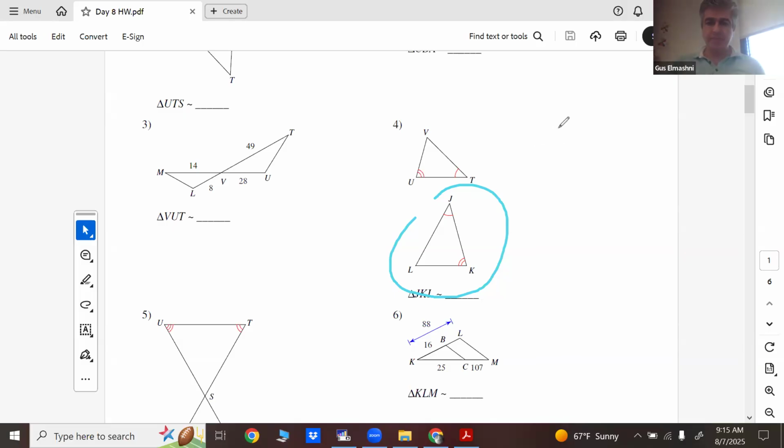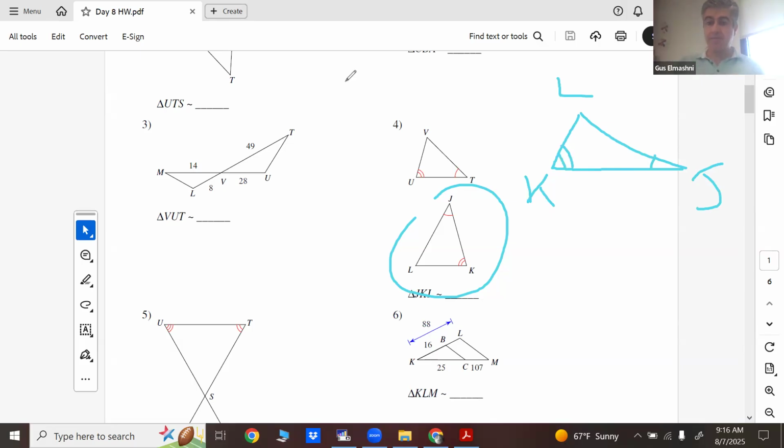So I'm going to draw it like this. L is going to be up top. K is right here. J is right here. Double angle, single angle, right? So K corresponds with U, J corresponds with T.